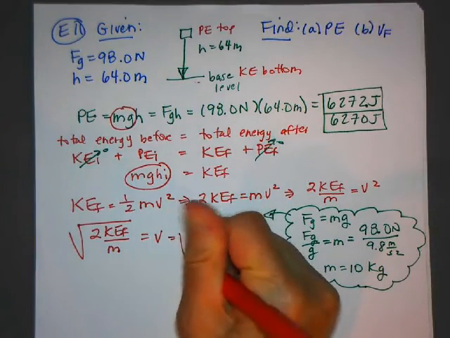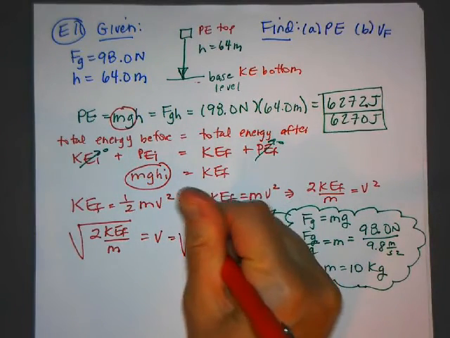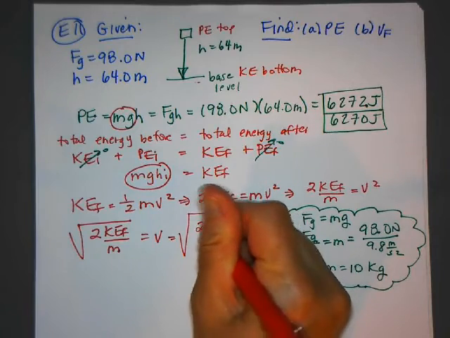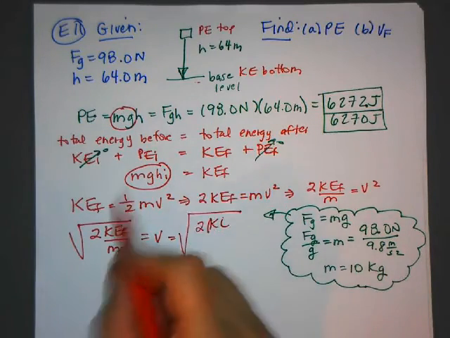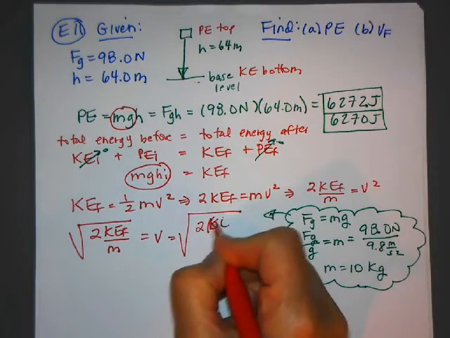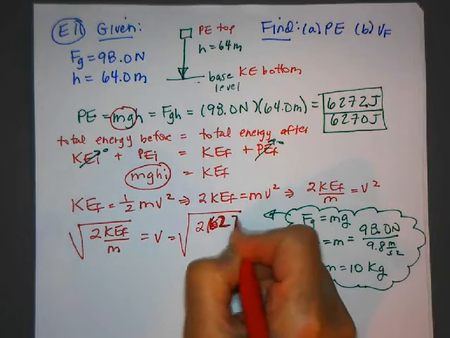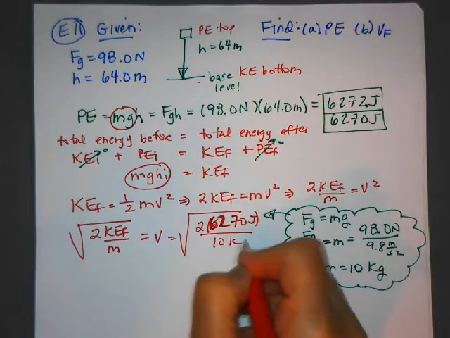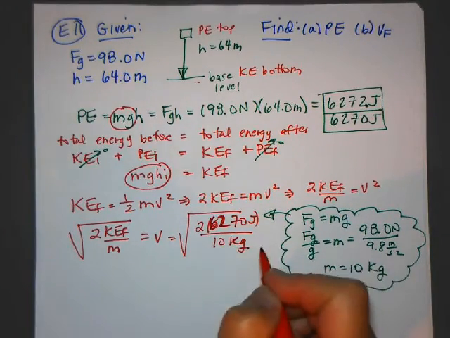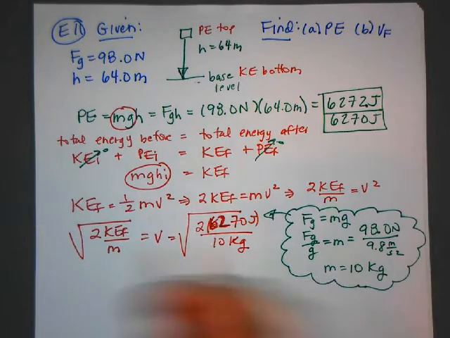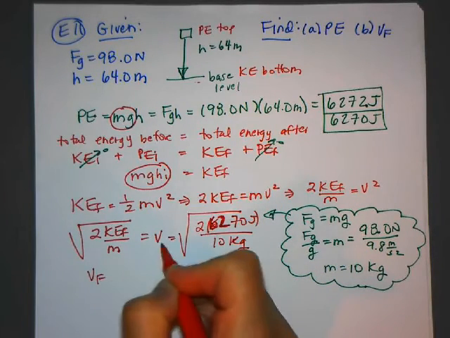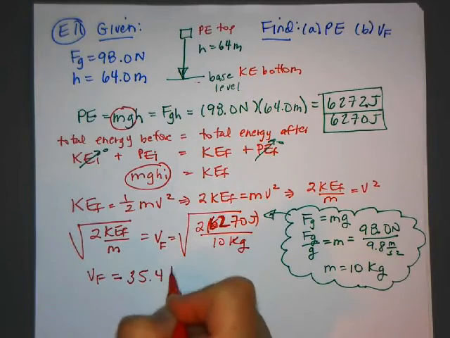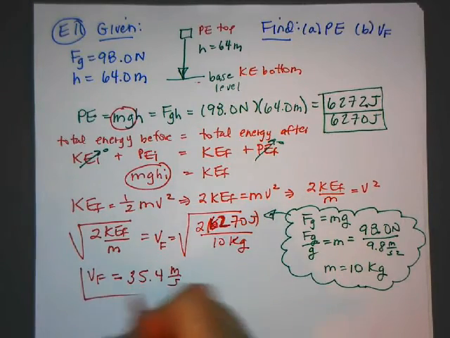And now I'm going to say square root of 2K. Oh, I already wrote the equation. So the kinetic energy was 6270 divided by 10. And when I put all that in my calculator, Vf comes out to be 34.5 meters per second.